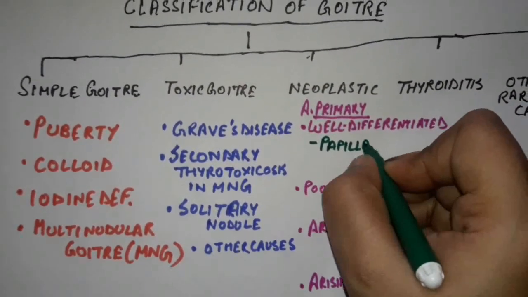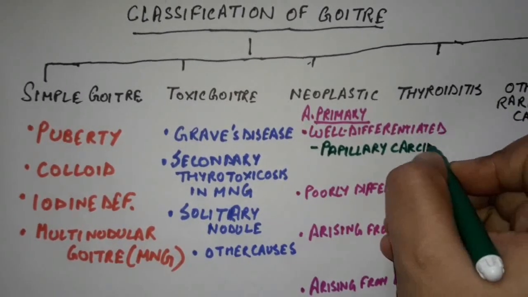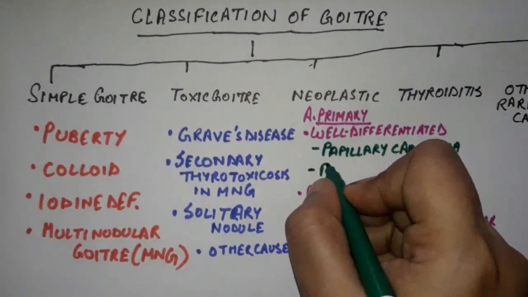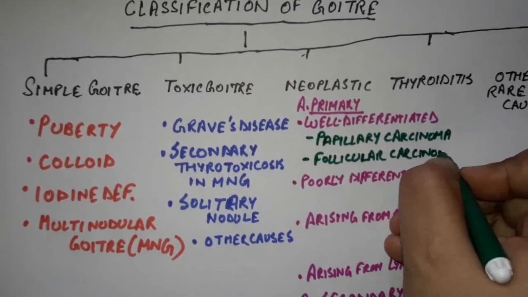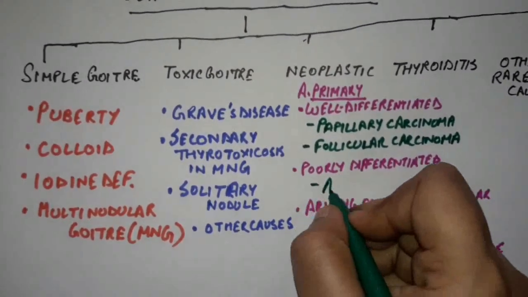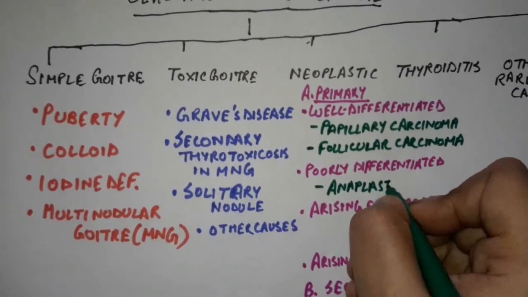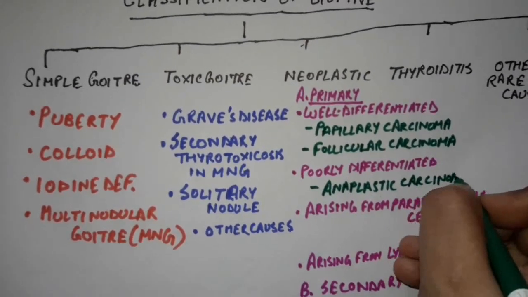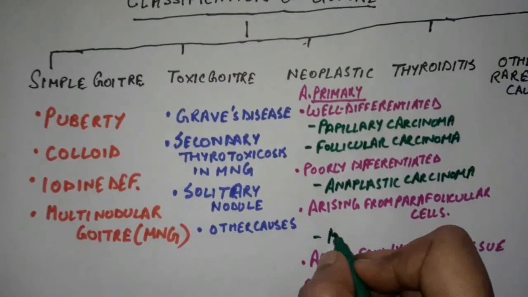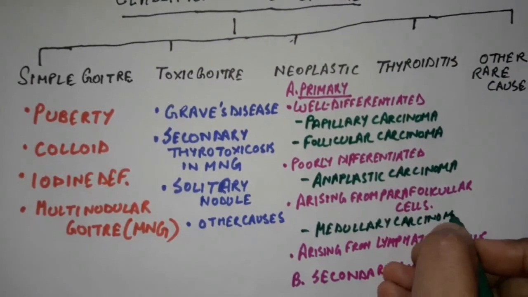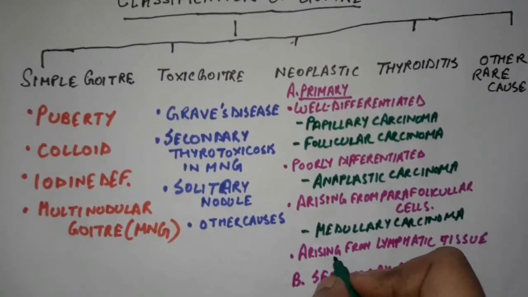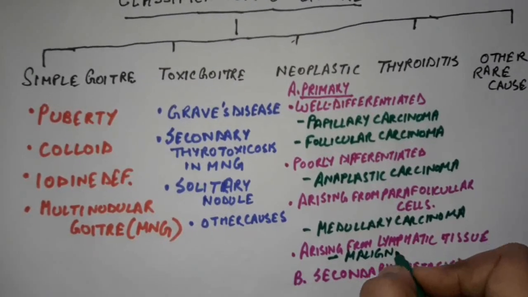So under primary comes well differentiated, which includes papillary carcinoma and follicular carcinoma. Poorly differentiated includes anaplastic carcinoma, arising from parafollicular cells includes medullary carcinoma, arising from lymphatic tissue includes malignant lymphoma.